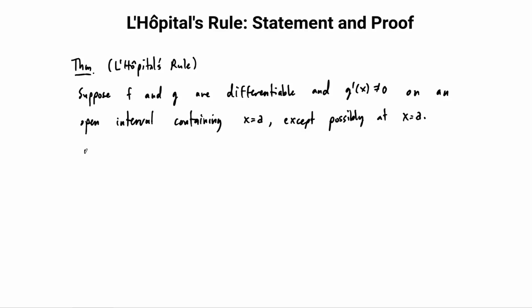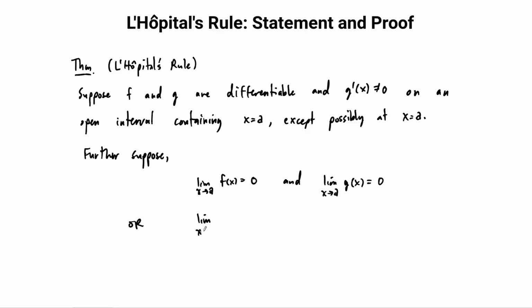All right, now we want to further suppose that we have one of a couple different cases. So either the limit as x approaches a of f of x equals 0 and the limit as x approaches a of g of x equals 0, or, this is the other half, the limit as x approaches a of f of x is equal to some flavor of infinity, as I like to say.